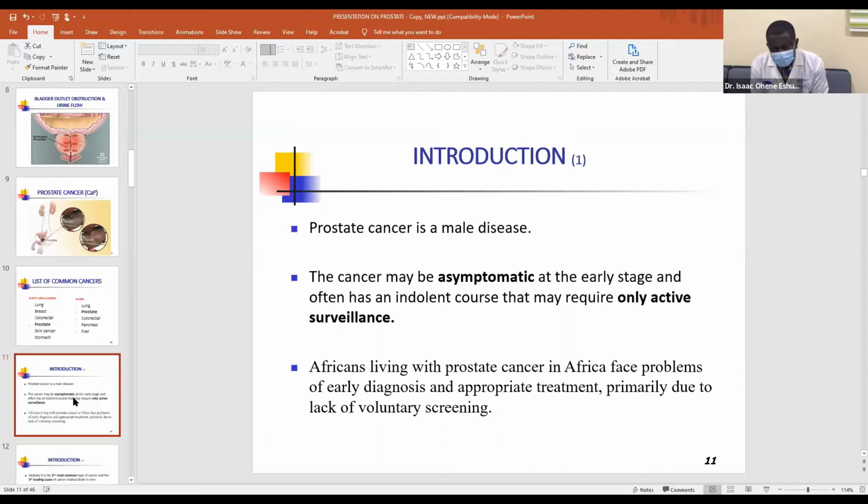Now, the third point is saying that in Africans who are living with prostate cancer, the problem we face here is with diagnosis and appropriate treatment, and often this is due to the lack of screening. So that's a challenge we have here. In the Western world, a lot of people are very health conscious, so the majority of them would have known their status.